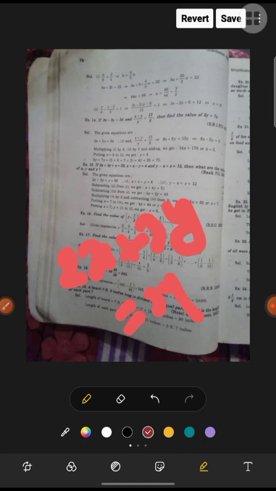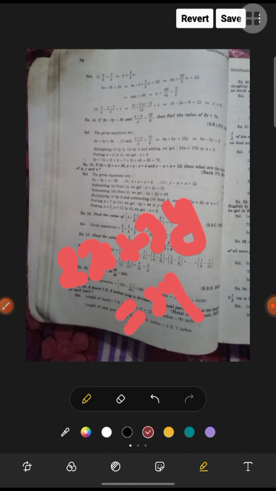What is the first equation? That is 2x plus 3y equals 34, and that is multiplied by 5. And the second equation, 8x minus 5y, we multiply by 3 and add.